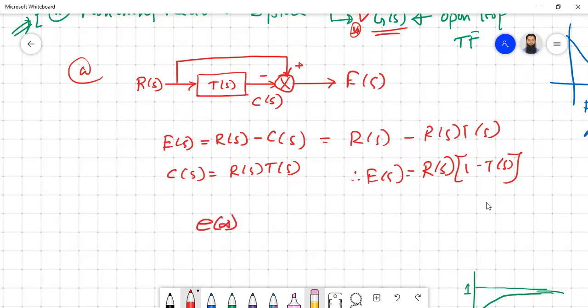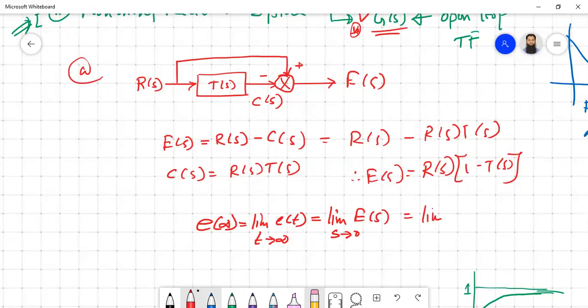Now since we are applying the final value theorem, E infinity, or E steady state, will be basically the limit as t tends to infinity of e(t), or in terms of the frequency domain, the limit as s tends to 0 of s E(s).